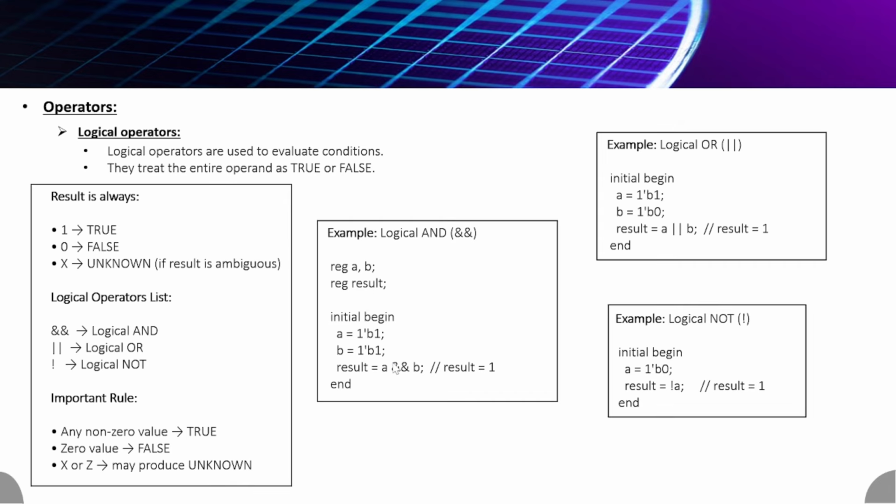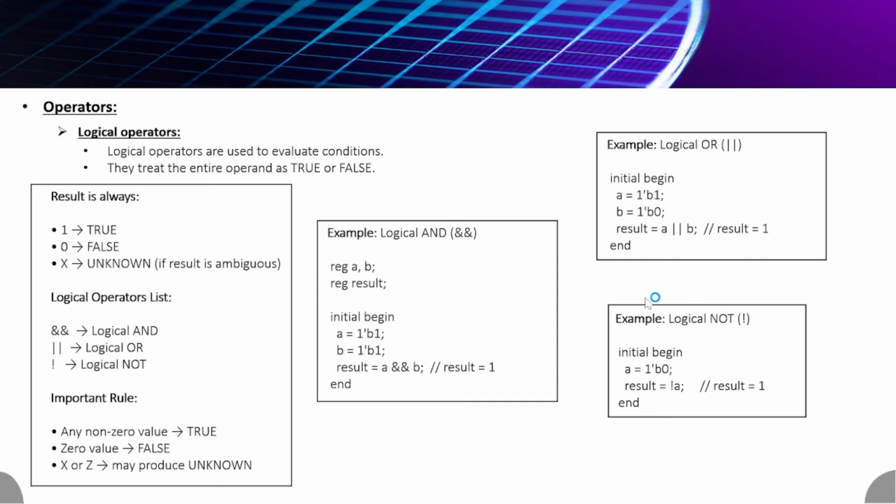If any one input is 0, the result becomes 0. In the logical OR example, if at least one input is 1, the result is 1. In the logical NOT example, if the input is 0, the output becomes 1. And if the input is 1, the output becomes 0.